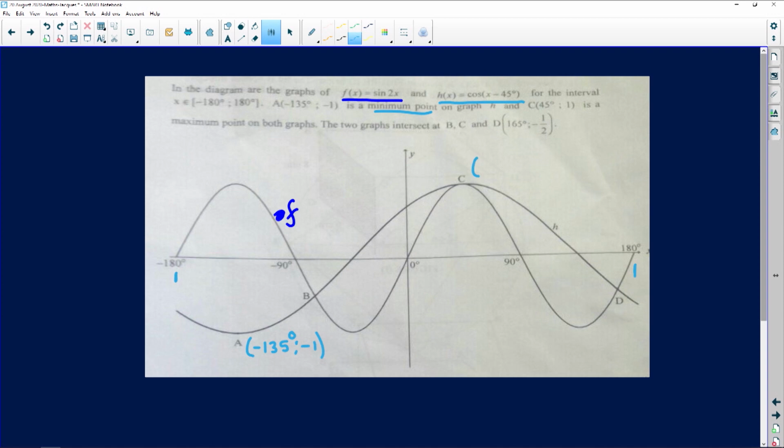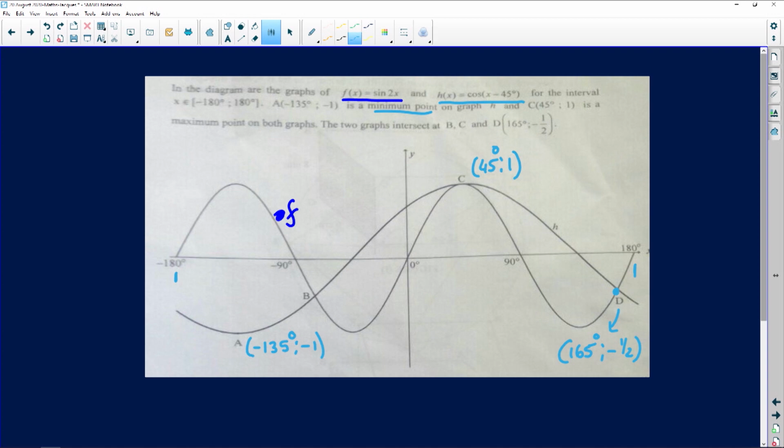C up here is the point 45 and 1. Now don't forget degree signs. That's a maximum point. And then they tell us that the two graphs over here intersect at the point 165 and -0.5.